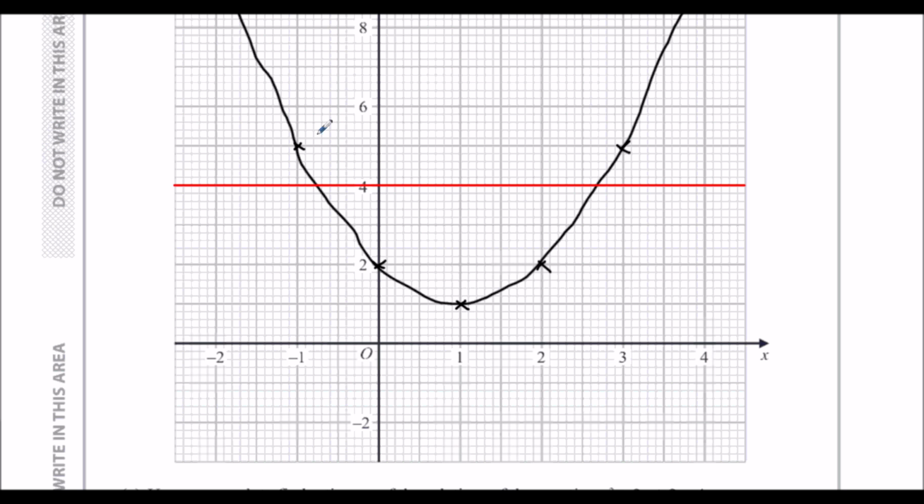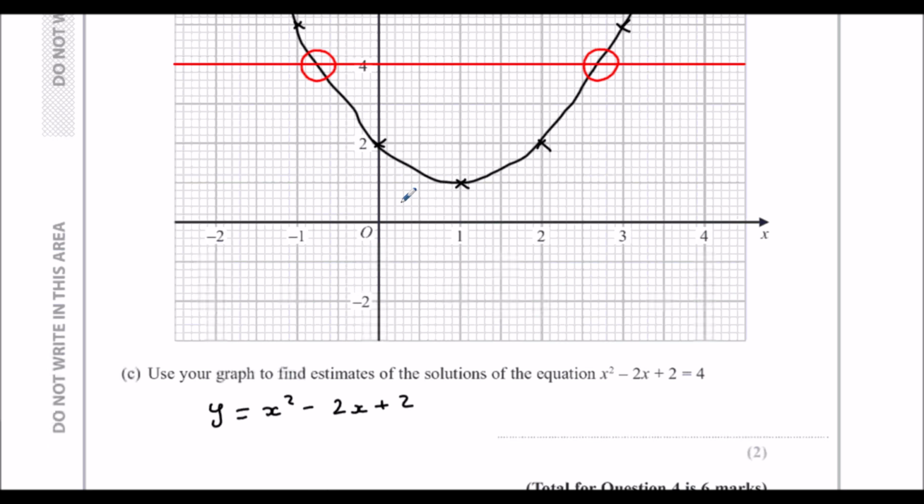So our solutions are here and here. So what is x at these points? You may get a slightly different answer to me. It's using your graph because my lines are a little bit wonky. Hopefully yours are smoother.